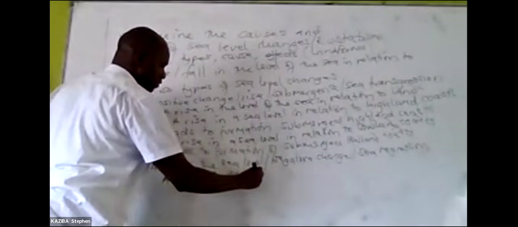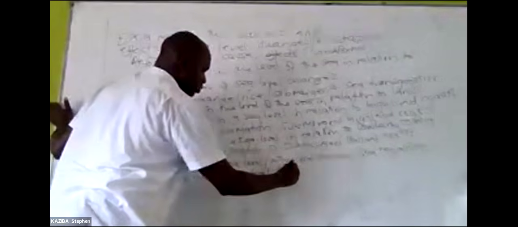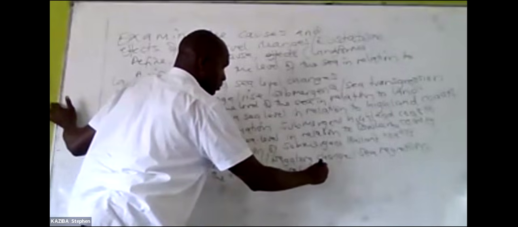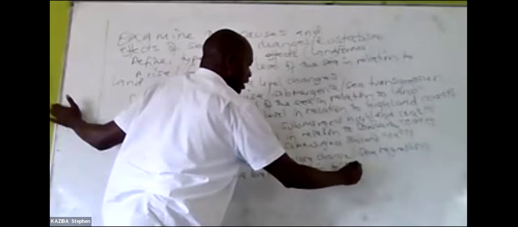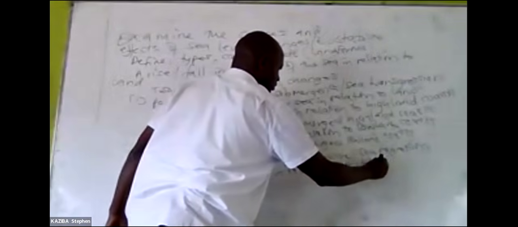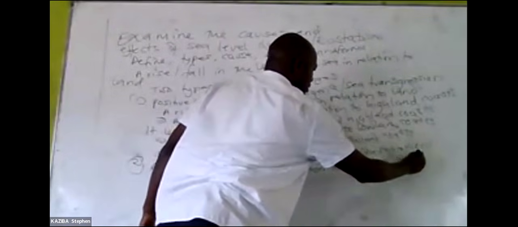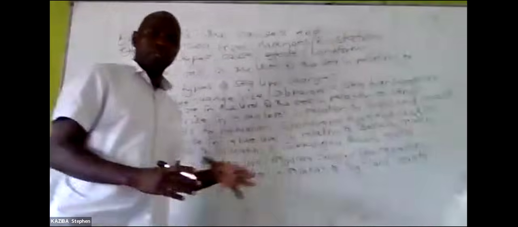Now, the same thing. A fall in the sea level in relation to highland coasts. If there is a fall in the level of the sea in relation to highland coasts, what happens?